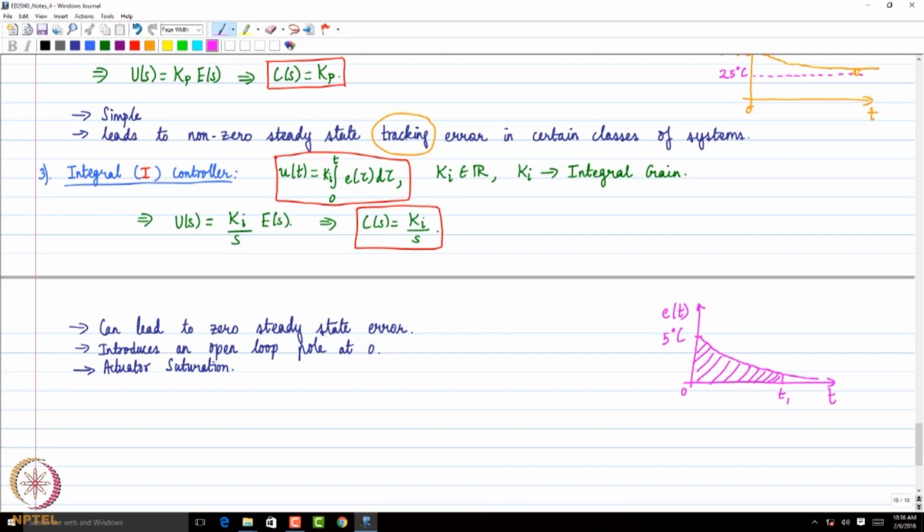Now let's say I go to an instant t2, what will that be? It will be this area. So what can you observe? Assuming that the error doesn't vary between positive and negative, and remains the same sign, this area can keep on increasing. If the area keeps on increasing, what do you think will happen to u?